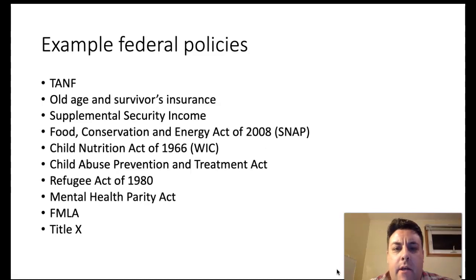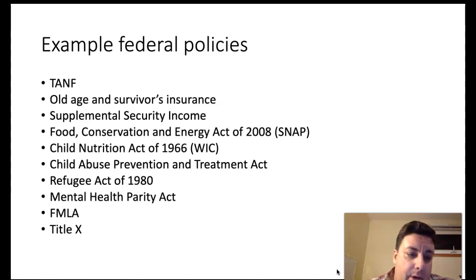SNAP is what's usually thought of as food stamps. WIC, which is Women, Infants, and Children, was passed in 1966. That was the Child Nutrition Act. The Child Abuse Prevention and Treatment Act, CAPTA, obviously deals with child abuse prevention and treatment.